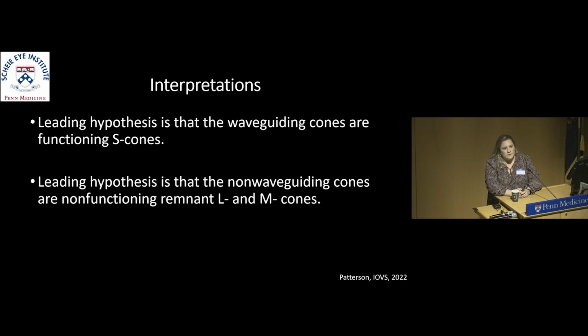And certainly there's a lot of work yet to be done, in particular targeted functional testing to really tease out the details of these hypotheses and test them. But this is how we would interpret the data currently.